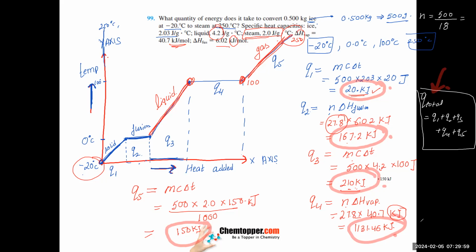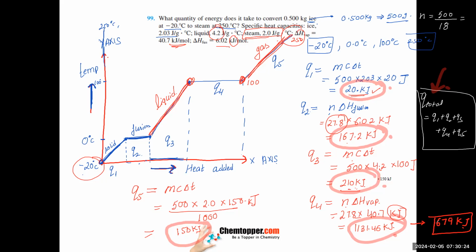So we can put the answer in minimum decimal places, and that is 1679 kilojoules. I use the addition subtraction sig fig rule. So work out on this on your own. Check whether this is the right answer in significant figures.